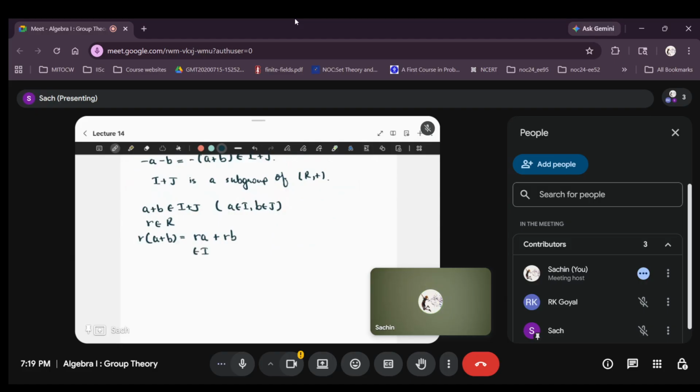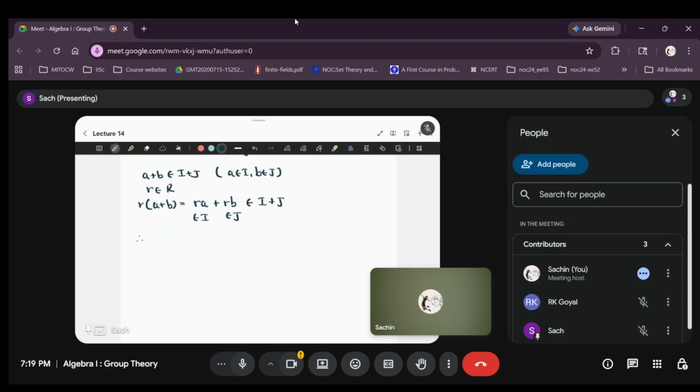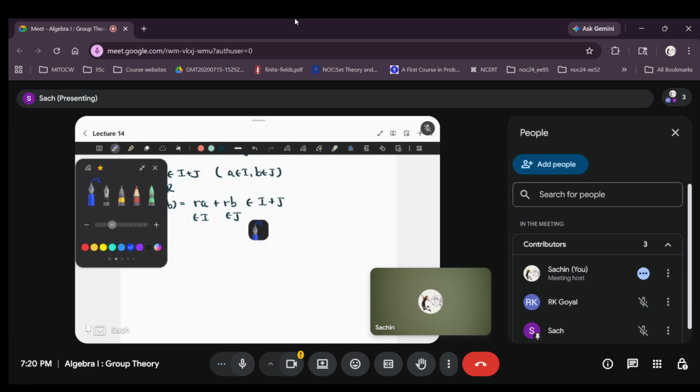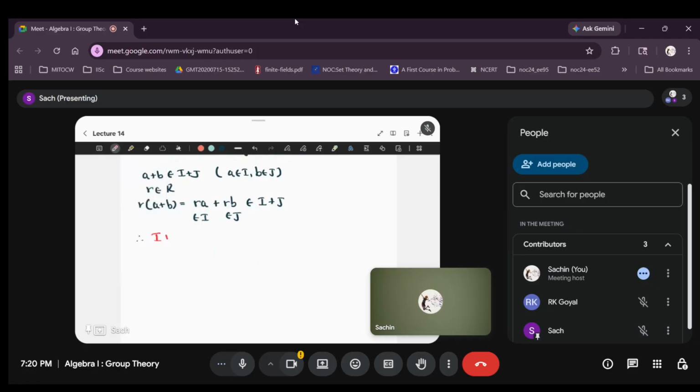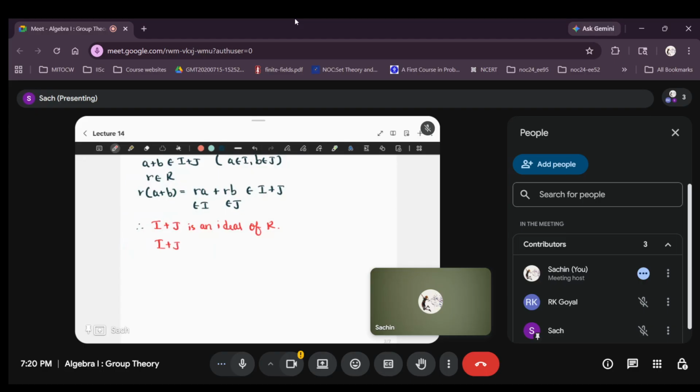But since I is an ideal, rA belongs to I. Since J is an ideal, rB belongs to J. So this belongs to I plus J. Therefore, I plus J is an ideal of R. Also, I union J is a subset of I plus J.